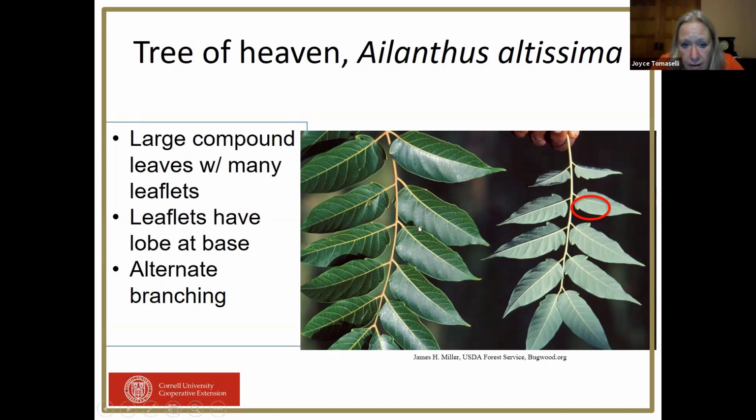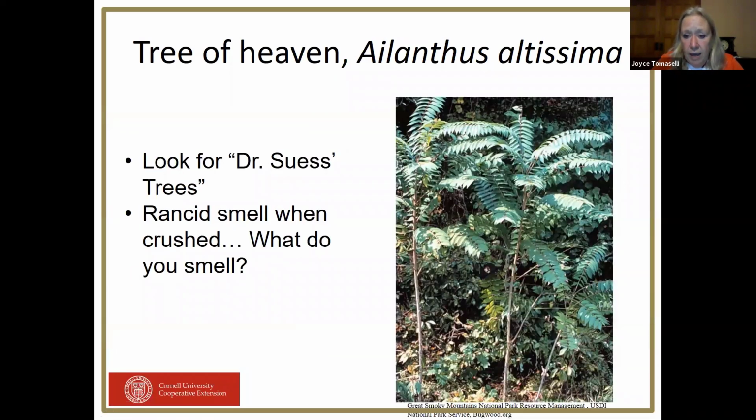Right there, and right there, and right there, and right there, that's tree of heaven, okay? No other compound leaf has a node at the bottom. And that node, by the way, has a gland on it that stinks.